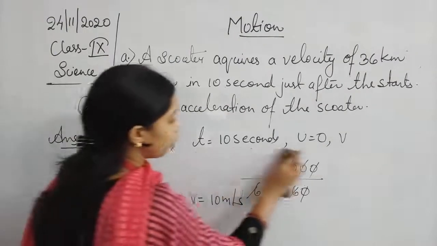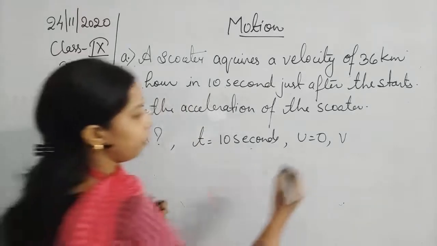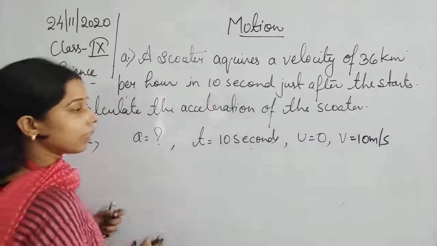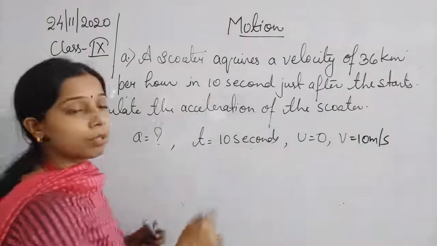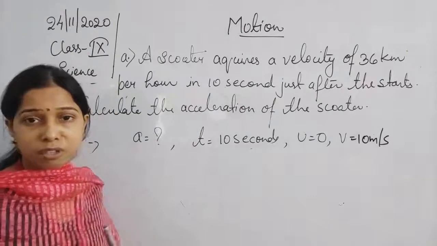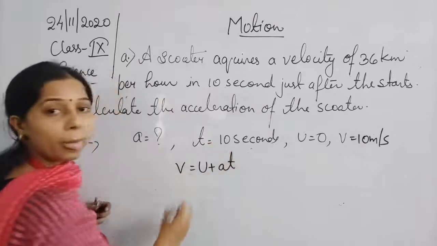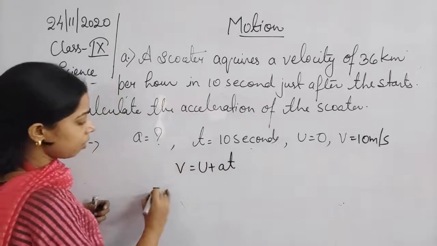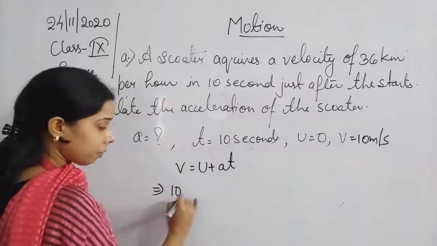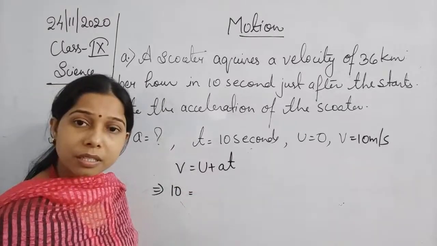Now putting the value here, v is equal to 10 meter per second. Now all the things are given, students. t is given, u is given, v is given. Which equation are you going to use? That is the first equation of motion, v = u + at. Now the value of v is 10 meter per second, equal to initial velocity 0. Why is the initial velocity 0?